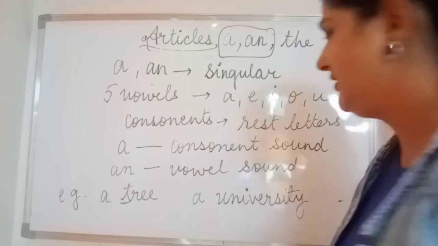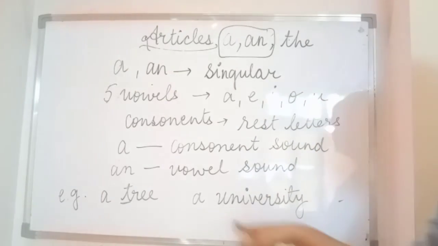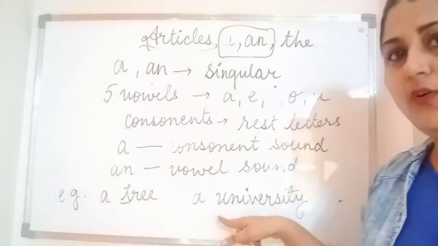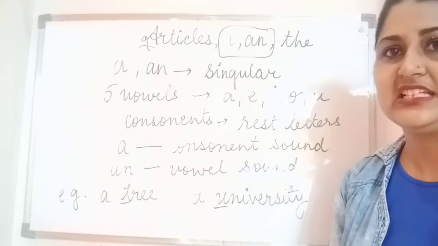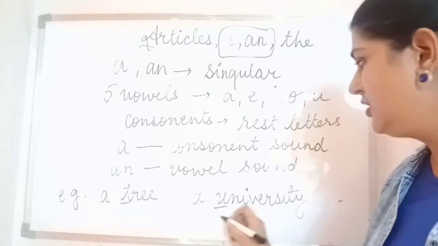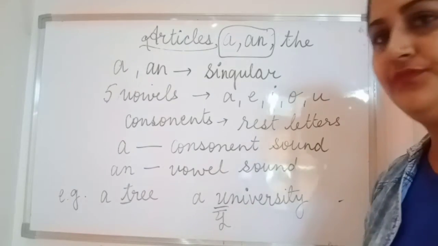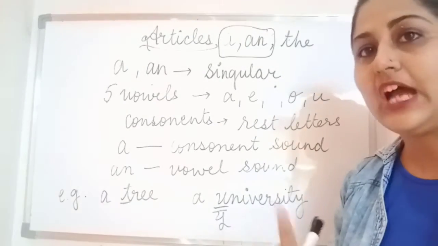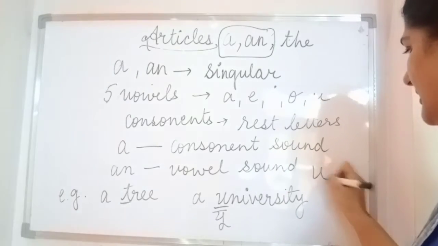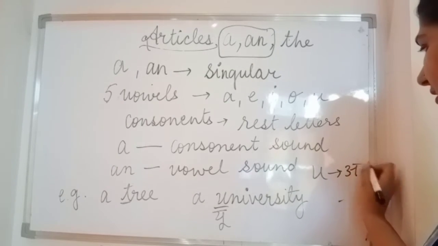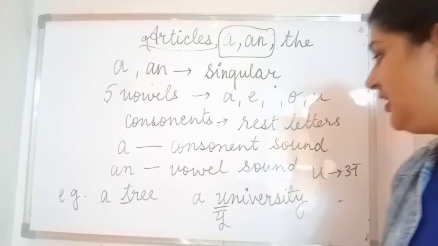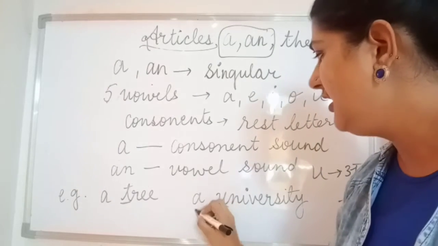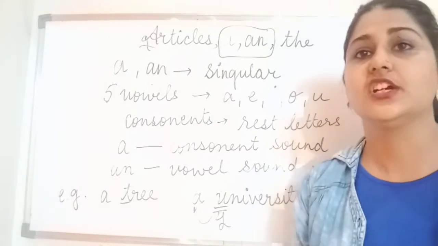Now look here, it is starting with the vowel letter u, but when we pronounce it, it says university. While the sound of u in proper phonics is a, as in umbrella. So we are using a here instead of using an.